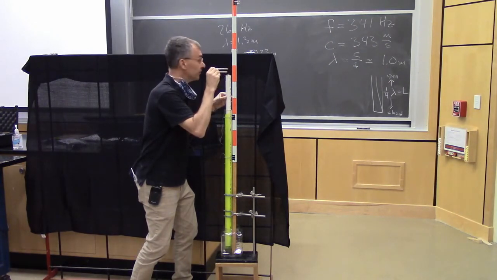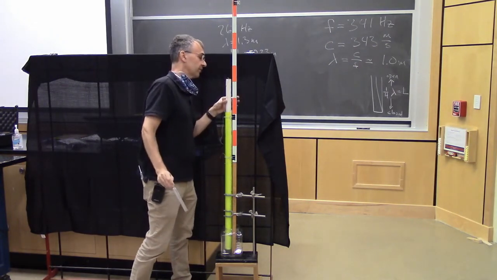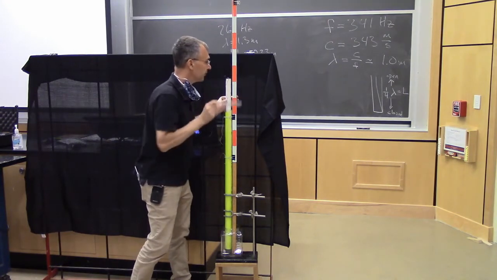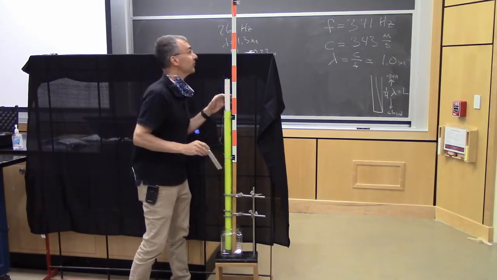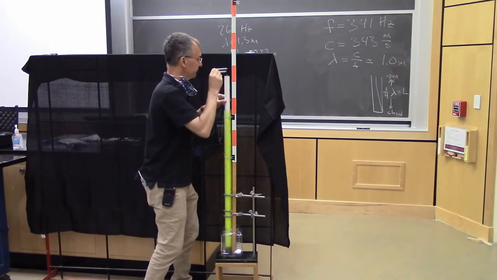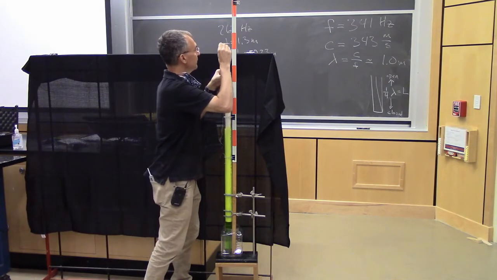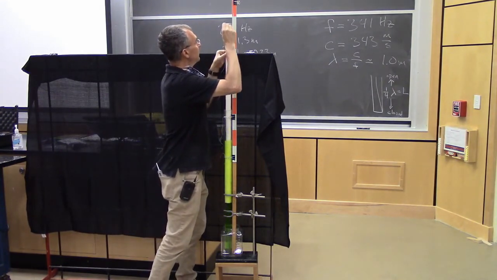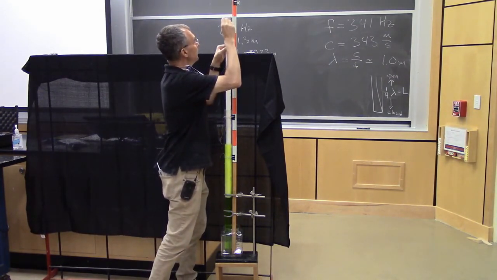Seems like the best resonance is when we're right around 25 centimeters. Now we should be able to get a pretty good resonance also at 75 centimeters. Let's listen for it. Yeah, there's another pretty good resonance up there.